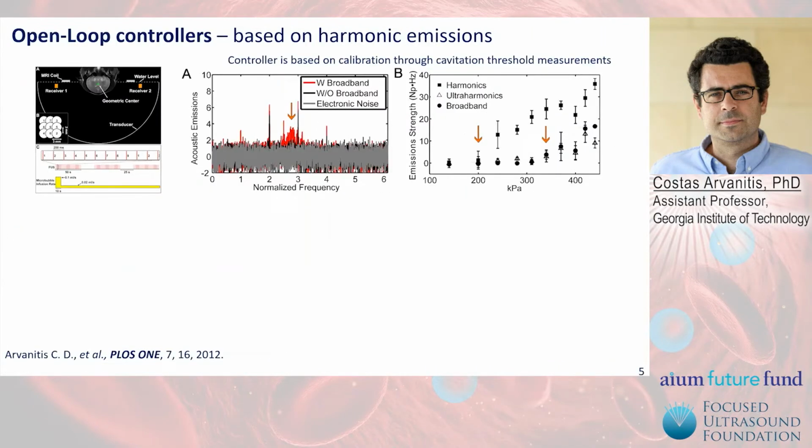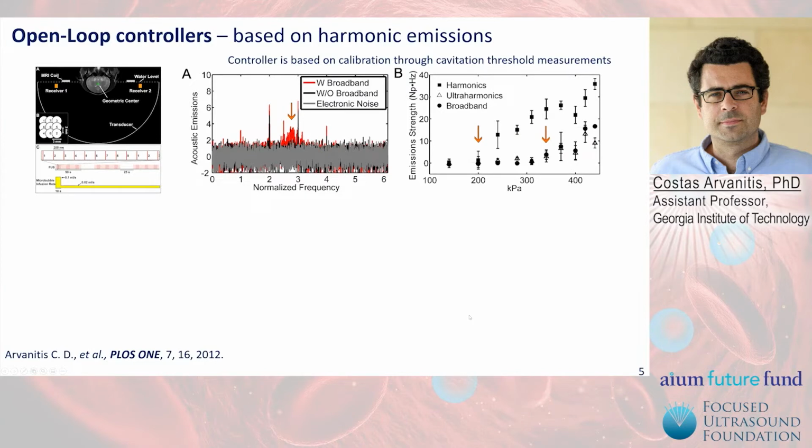So cavitation-based controllers based on microbubble emissions have been initially implemented using the harmonic emissions, inspired by the work of Nathan McDonald from Brigham and Women's Hospital, as well as research from Elisa Konofagou at Columbia University that showed good correlates between the harmonic emissions and the blood-brain barrier opening.